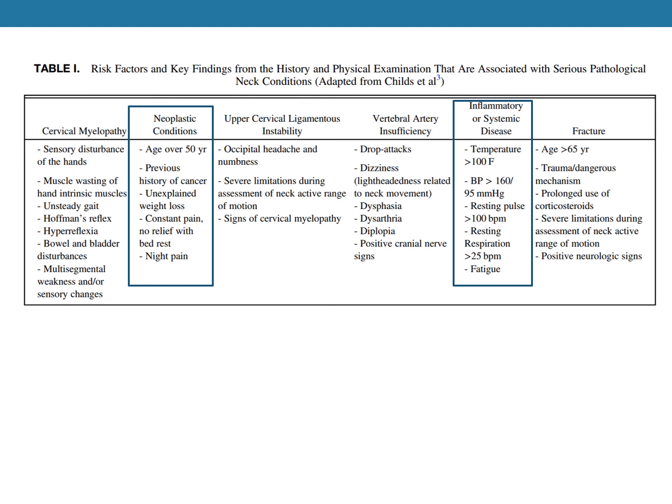And then to the right of that, where we've boxed off that inflammatory disease or systemic disease, these could be a variety of different conditions. But if you're dealing with folks who have a temperature, who have an elevated blood pressure or a resting pulse or resting respiration, our main concern there is now we're dealing with systemic disease.